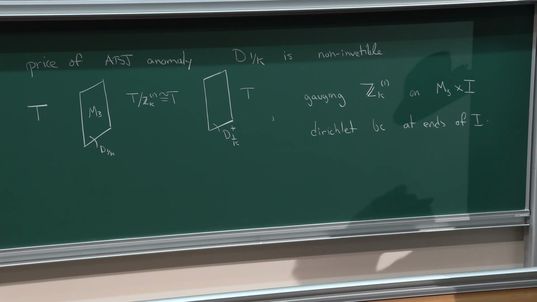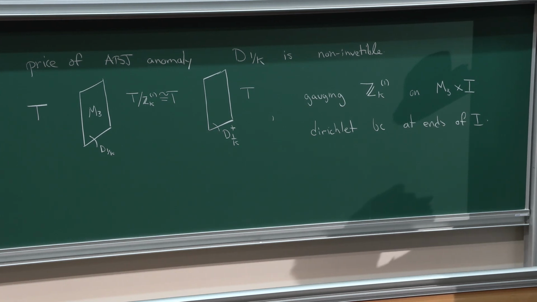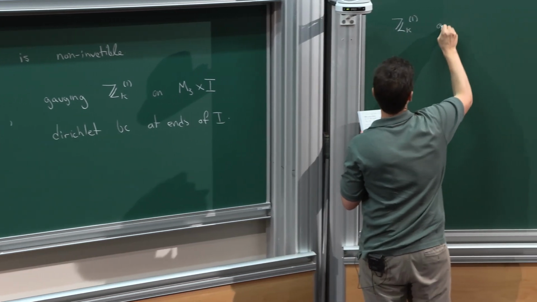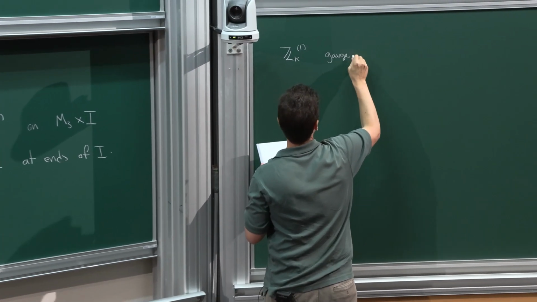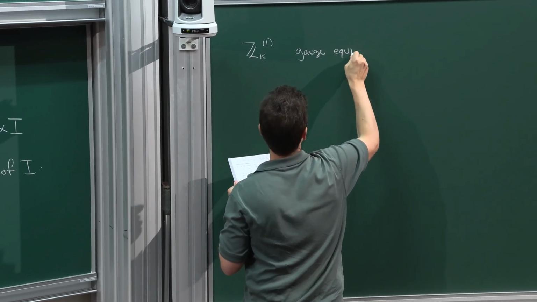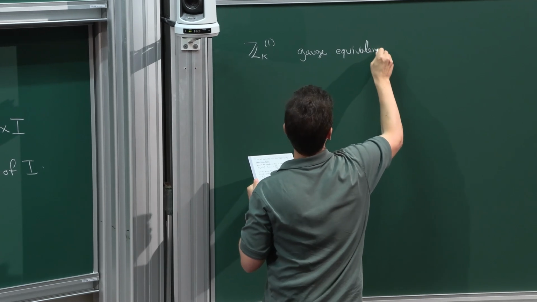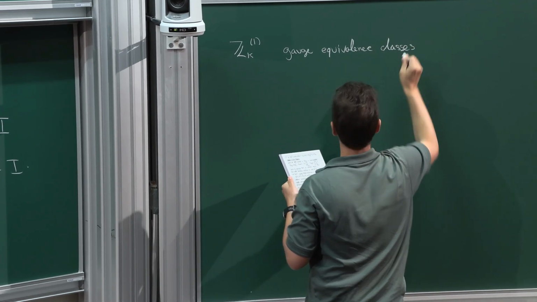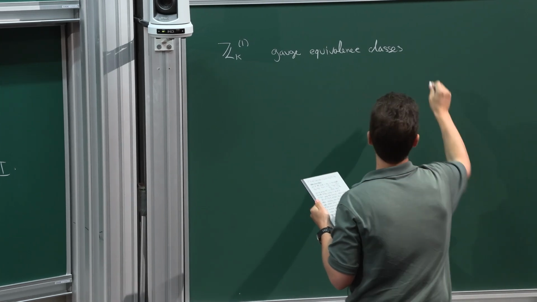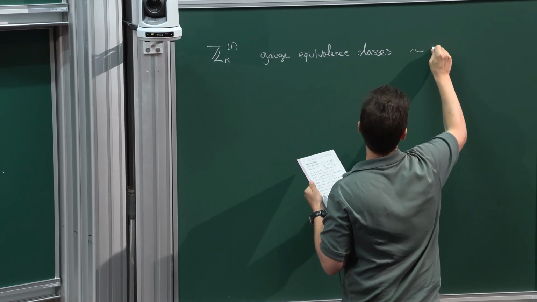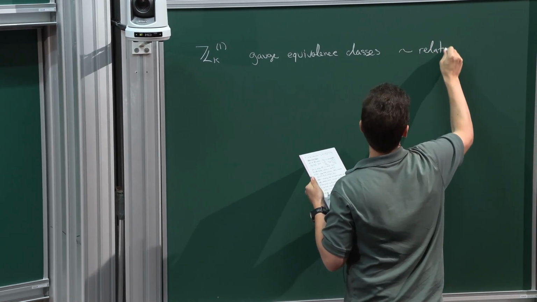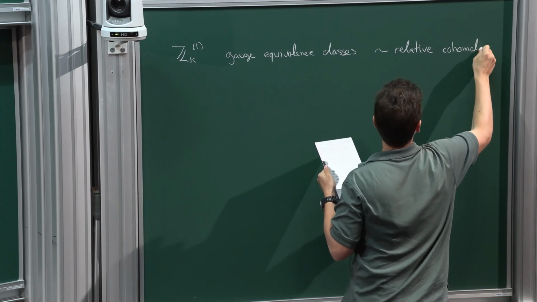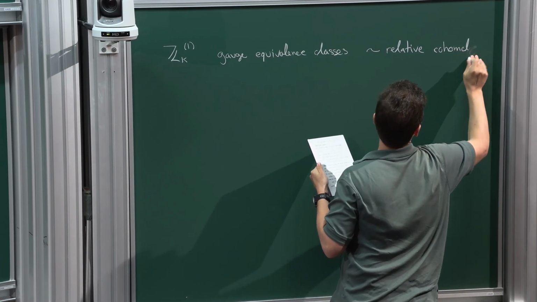Now, what are the gauge equivalence classes? Z_K one-form gauge equivalence classes are in relative cohomology.